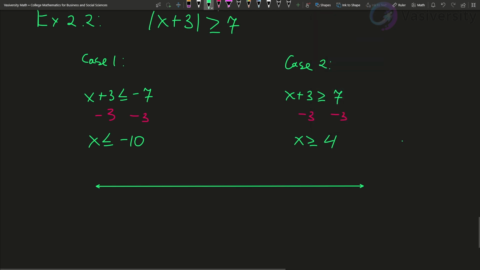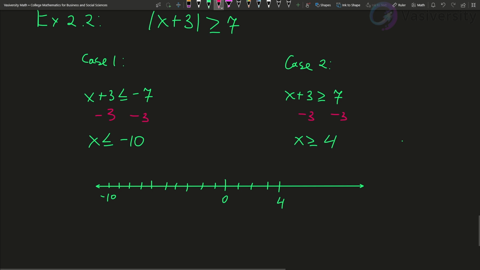We would have to use the notation which unites the intervals, right? So if we have 0, 1, 2, 3, 4, and then negative 1, negative 2, and so on, down to negative 10.